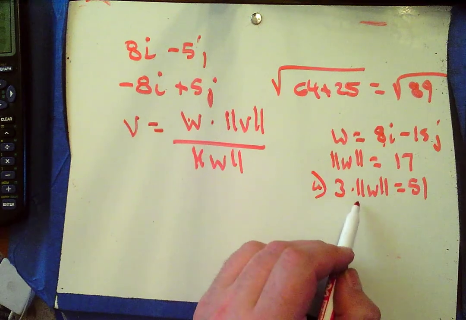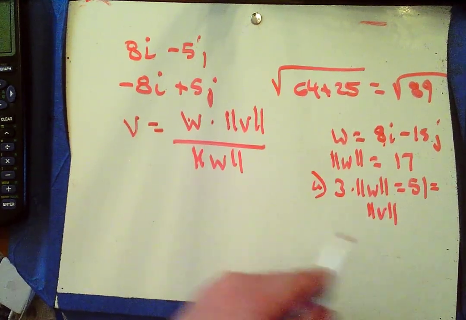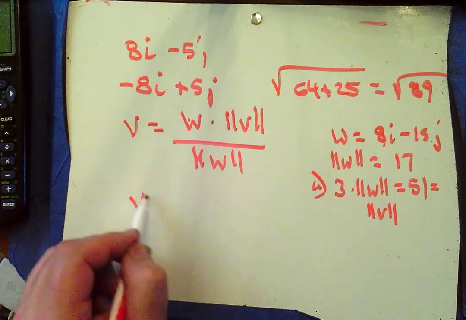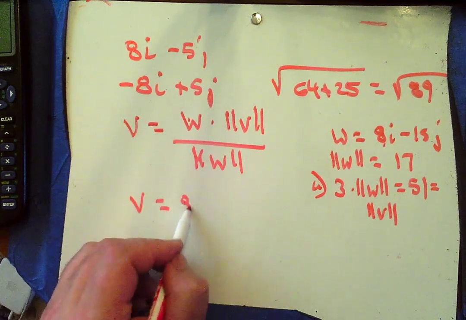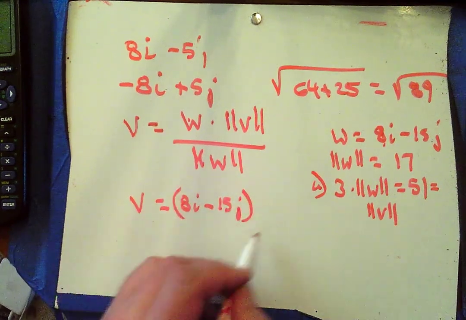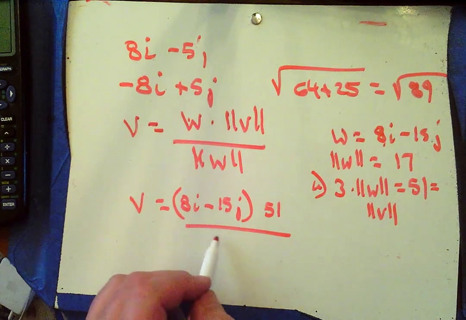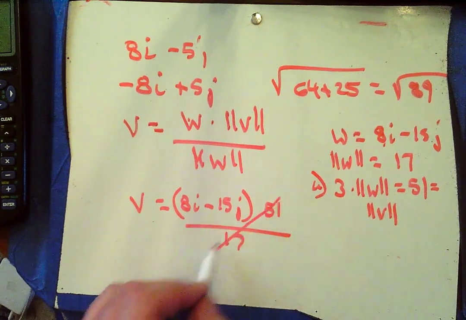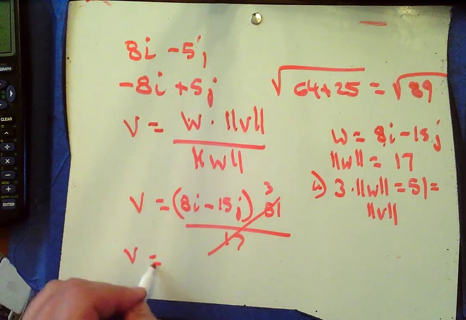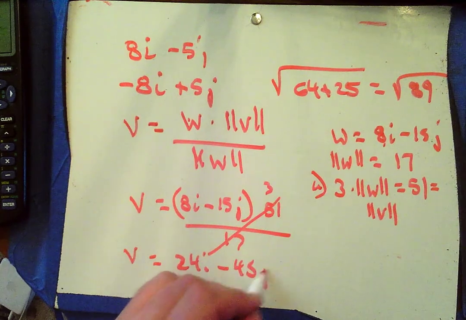Okay, and that's the equivalent for us of the magnitude of V. So V equals W, 8i minus 15j, times magnitude of V over magnitude of W. These cancel, giving me 3. So V equals 24i minus 45j.